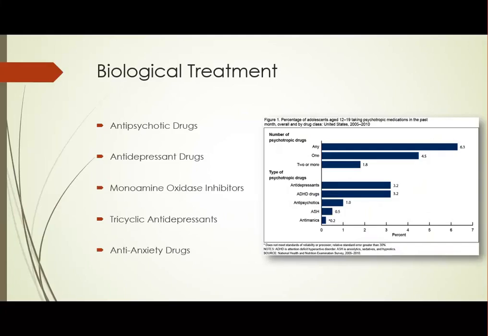This new class is the SNRI, serotonin and norepinephrine reuptake inhibitors, and that would include things like Effexor and Cymbalta. It's made to block the reuptake of both. One thing you want to note here is that all these antidepressants take about 4 weeks before they reach effective levels in the bloodstream, and for you to start seeing a significant change.